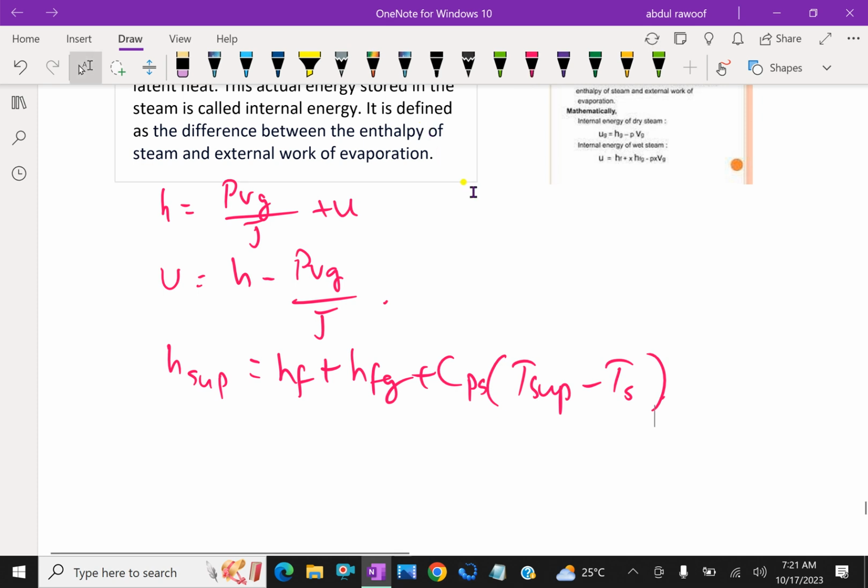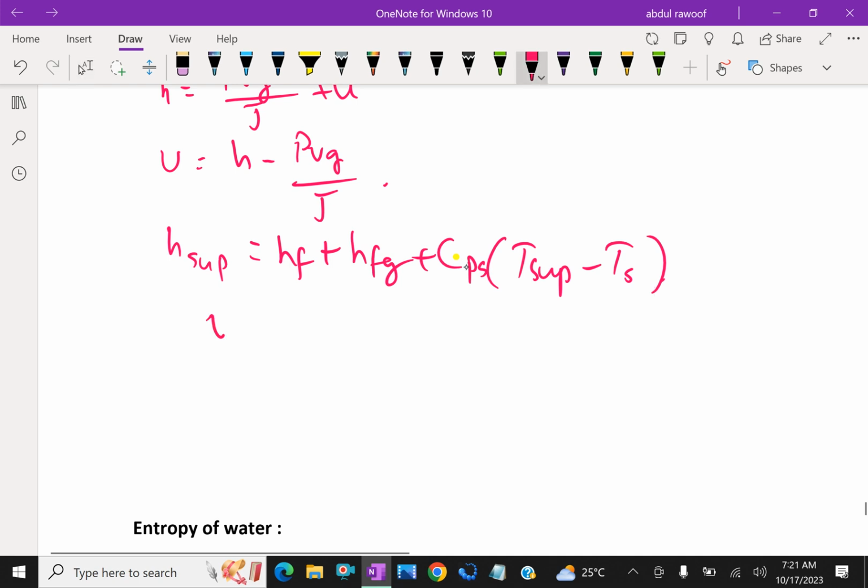Therefore, U equals H super minus P V super over J, for superheated steam.